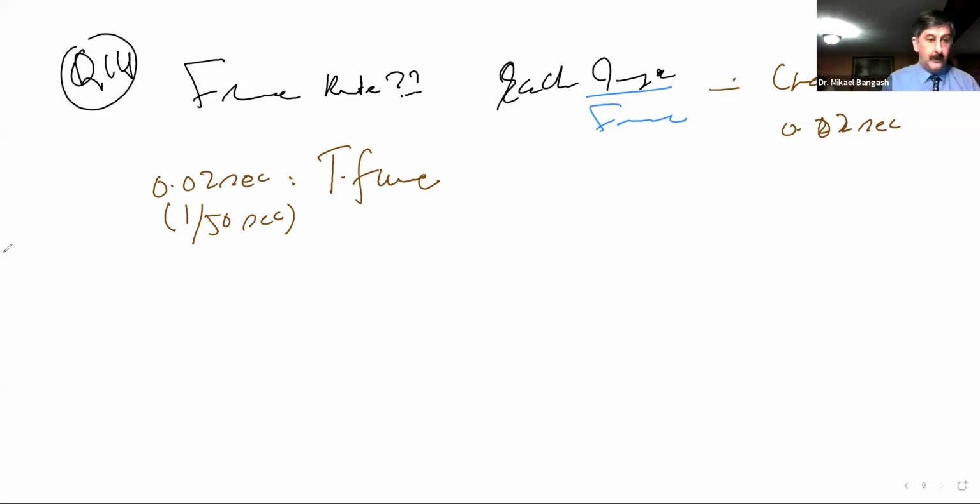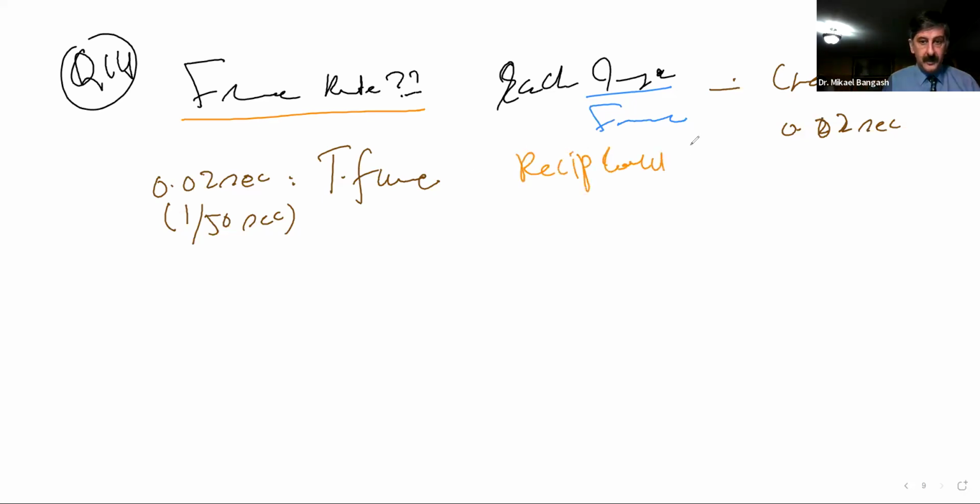Clear? Okay. But what they mean is, where is the frame rate? Which means it's going to be reciprocal to 0.02, or 1/50, which will be 50.